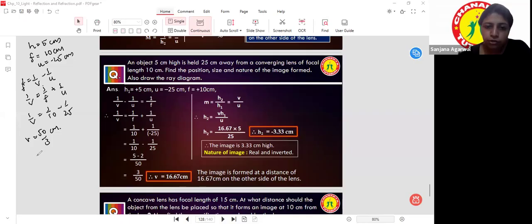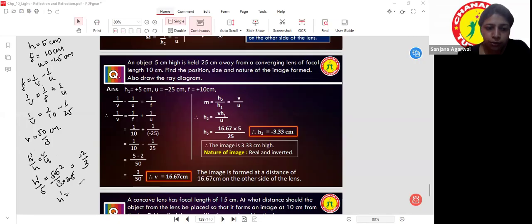Nature and size of the image also are to be found out. So we can use the formula H dash by H equals V by U, as we have H here, by 5 equals V is 50 by 3 and U is minus 25. So that will be equal to minus 2 by 3.